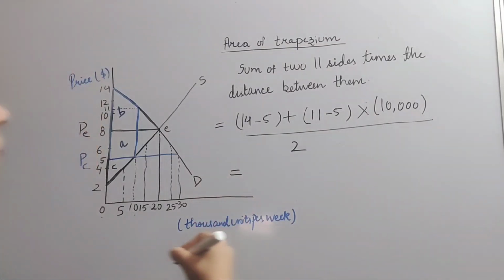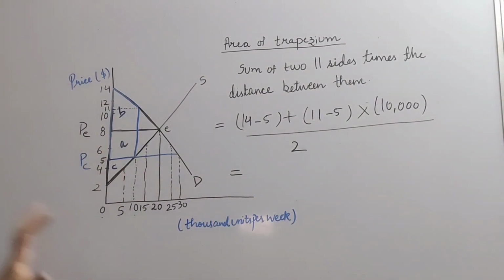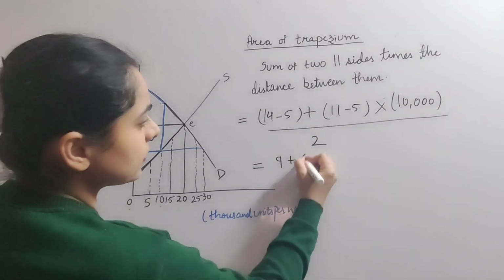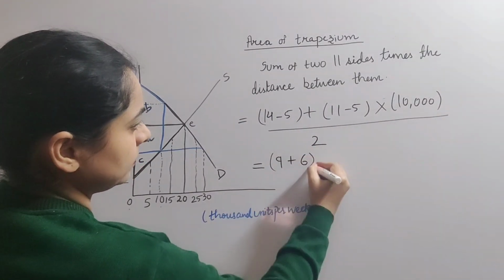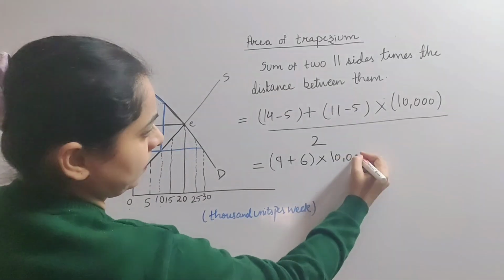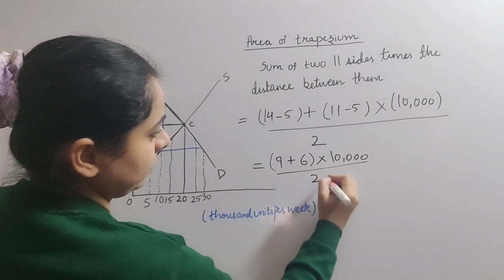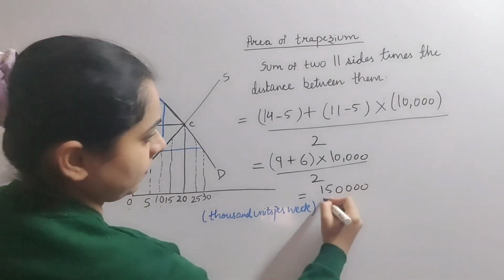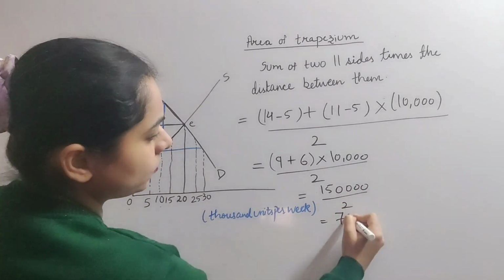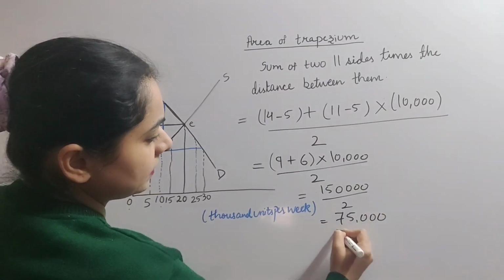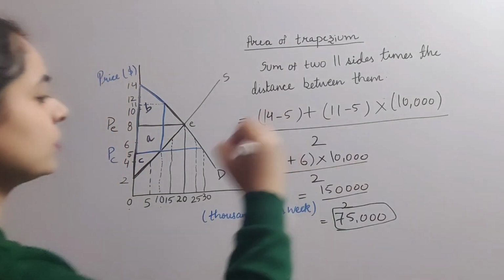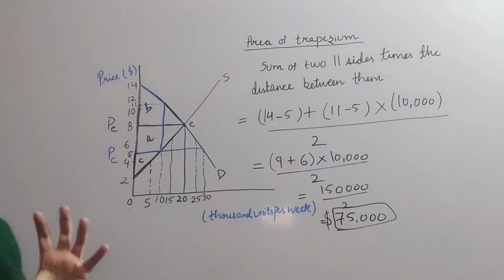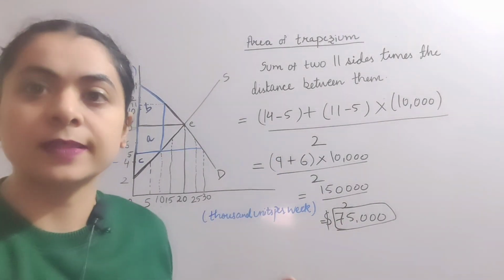So now we can find the final value here. So here we have 9 plus 6. The final value here is $75,000 as a result of price ceiling. So what we can see is that the consumer surplus has increased as a result of price ceiling.